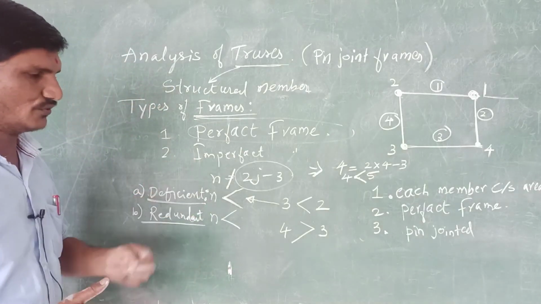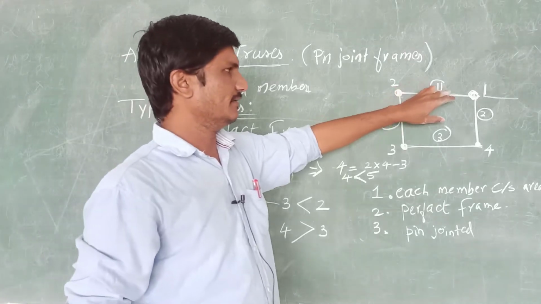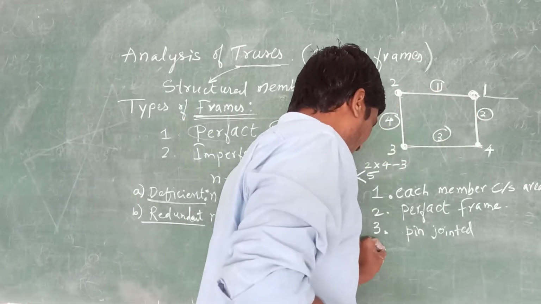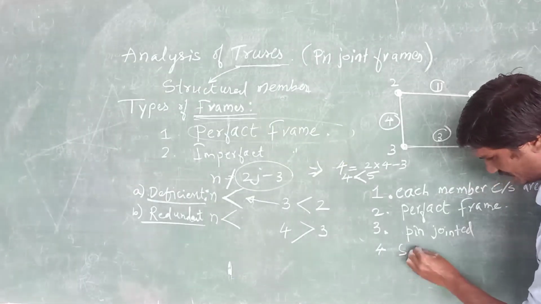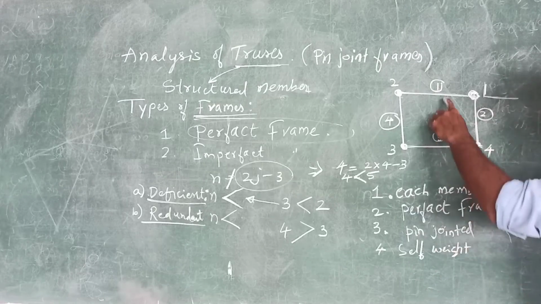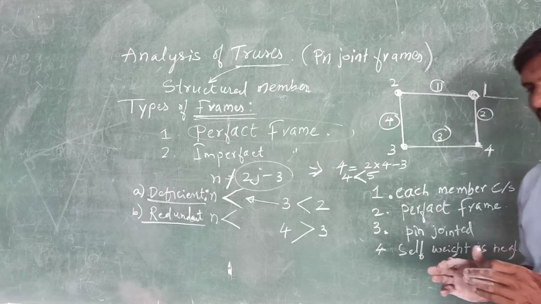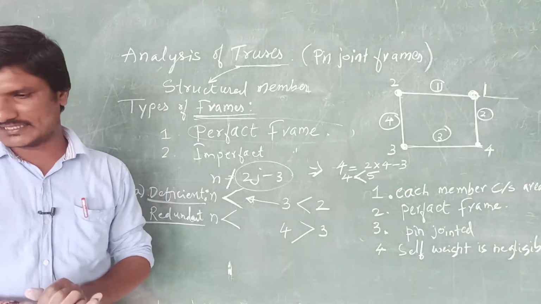And the fourth one, the self weight of the members is negligible. Write down the fourth one: the weight of the members is negligible.